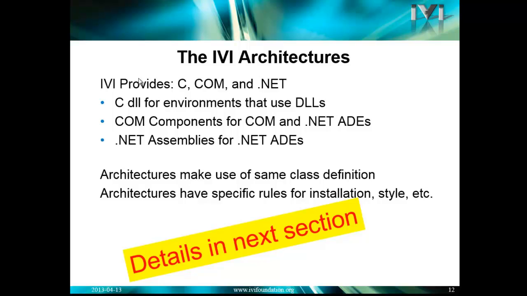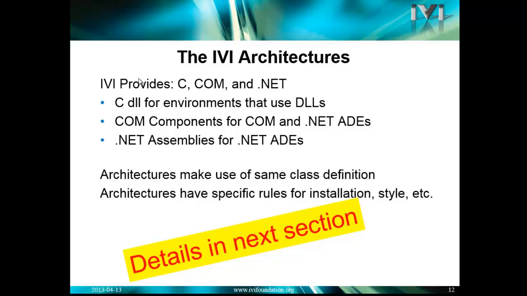So the COM provides excellent usability when you're using a .NET development environment. The .NET standards provide some extra capability that makes the drivers a little more convenient to use in .NET, a little bit more object-oriented, just because they're more intrinsically based on object-oriented technology.